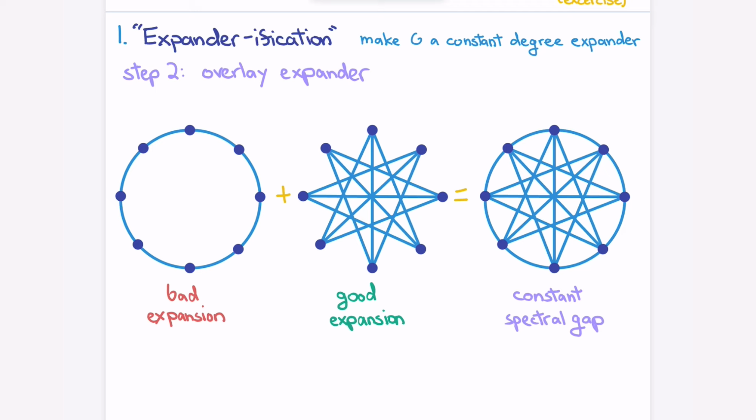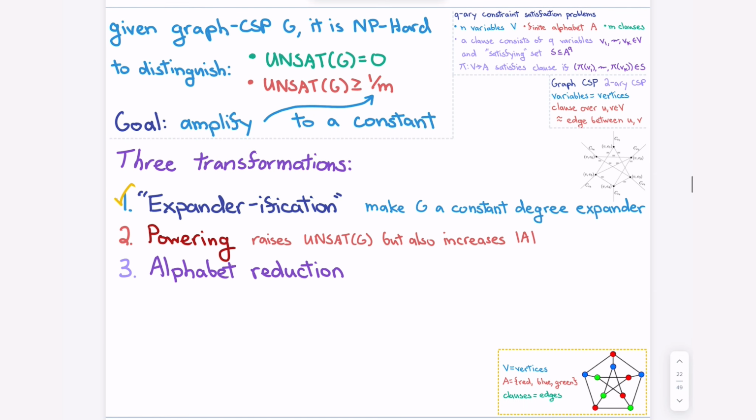In general, decreasing unsat by a constant factor is okay because we're going to increase unsat by a large factor later. So that's step one. You make the underlying graph of the CSP a constant degree expander, and unsat G is going to go down by a constant factor.